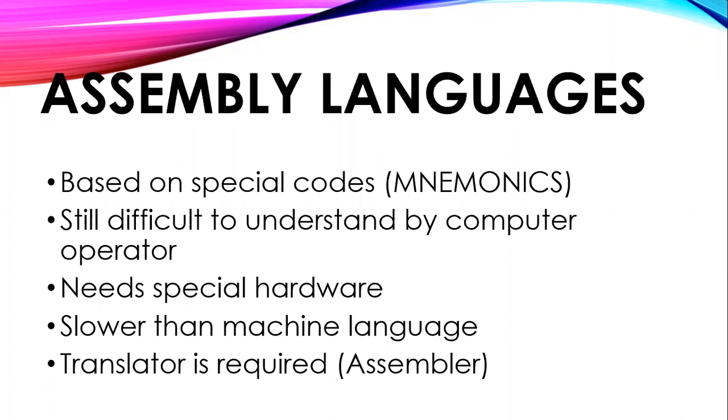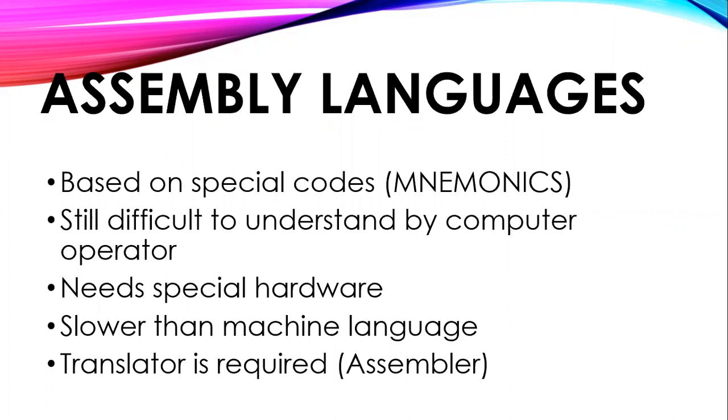Assembly language is based on special codes called mnemonics, right? It is far easier than machine languages, but it was still very difficult to understand and learn by a computer operator. The requirement of special hardware was the same, meaning one assembly language can be used on only one computer.